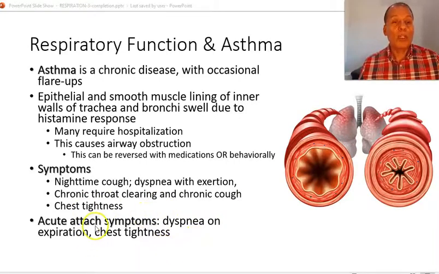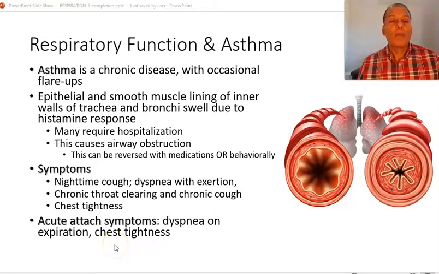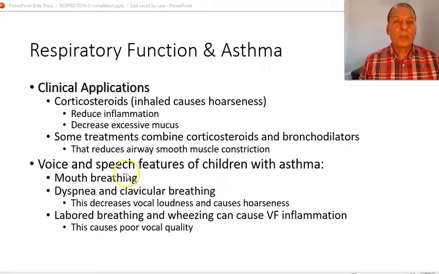In terms of acute attacks, these include dyspnea on expiration while exhaling, the person will feel shortness of breath and also chest tightness.